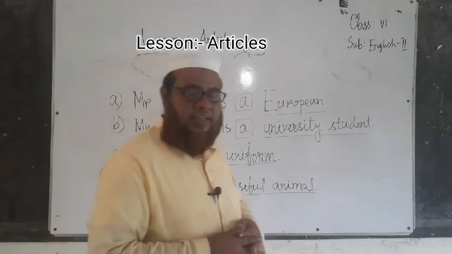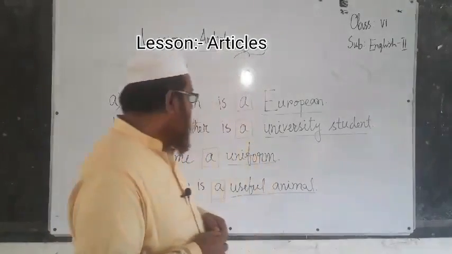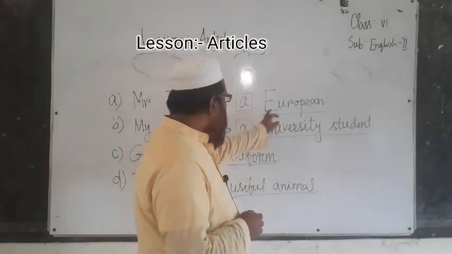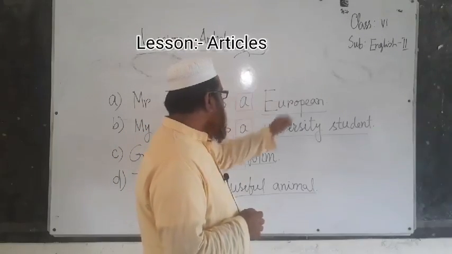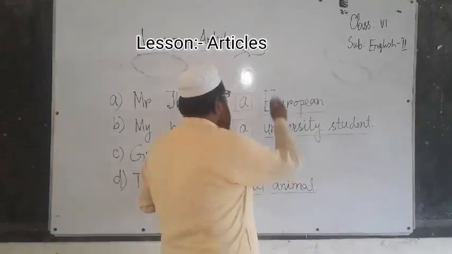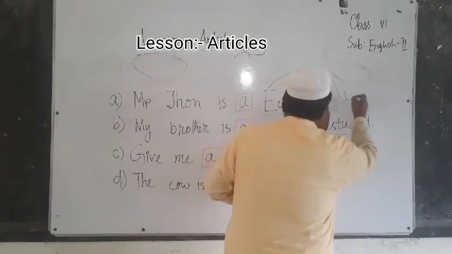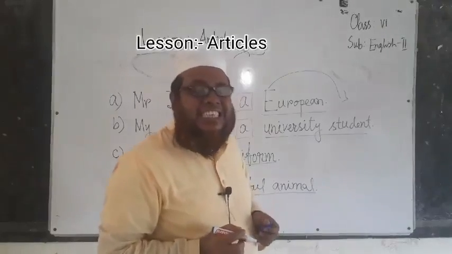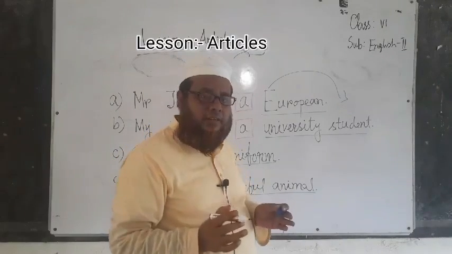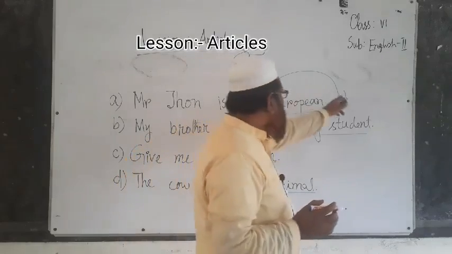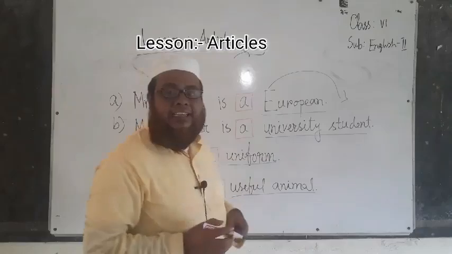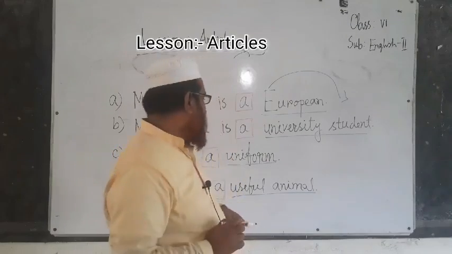My dear students, let us discuss the examples. First example, Mr. John is a European. Here is the word European. In this word, E is pronounced as 'yoo', European. For this reason, though E is a vowel, we are using here a instead of an.